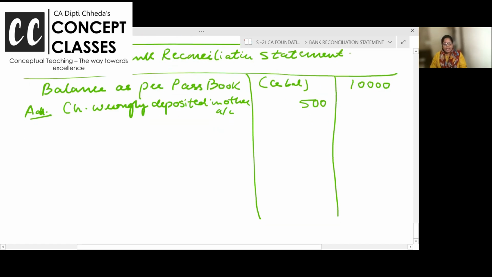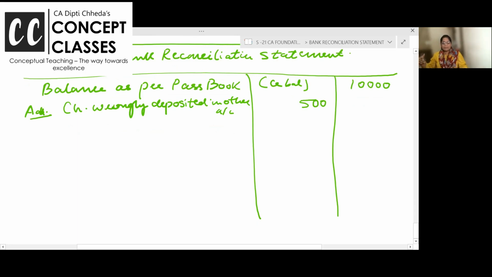Bank recorded a cash deposit of 1589 as 1598. When I deposited the cash, I deposited 1589, but the bank gave me credit of 1598. How many rupees extra credit has come in my bank account?